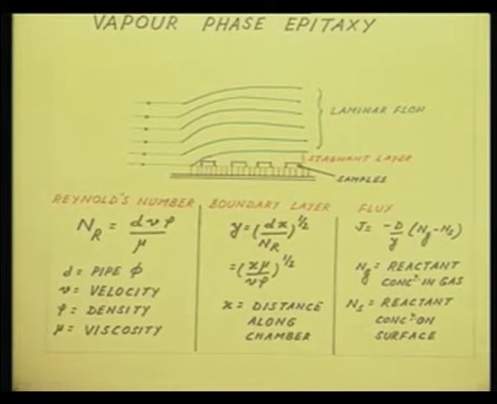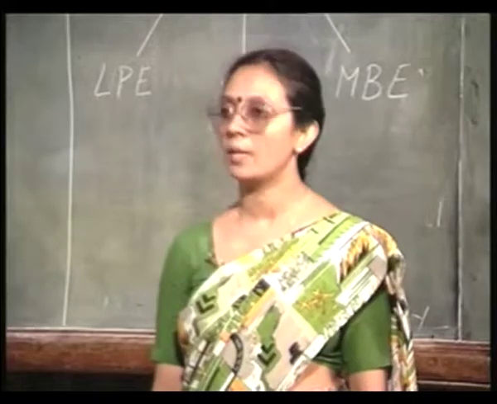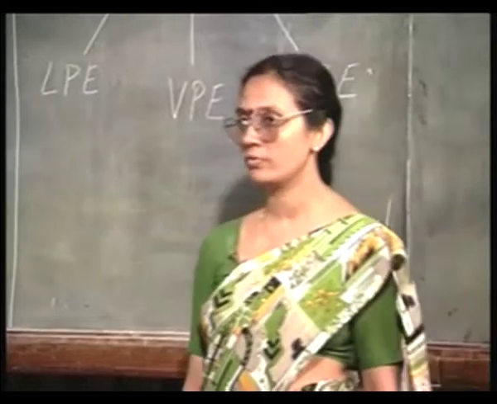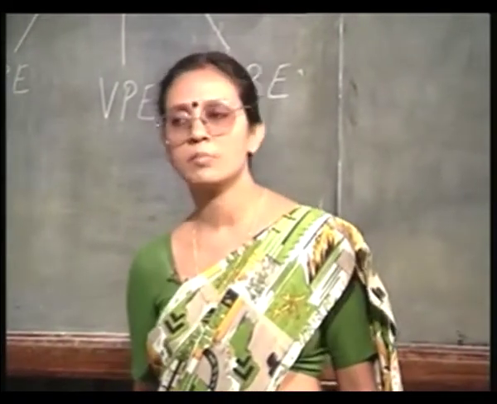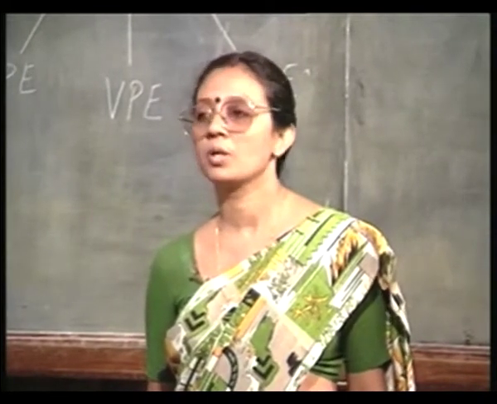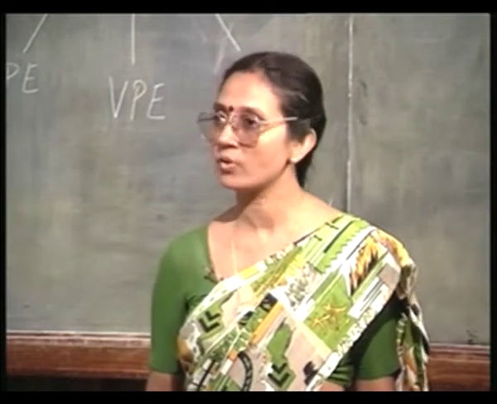This Reynolds number has to be within a certain limit. If it is less than 2000, we call the flow laminar, and if it is higher than that, we call it turbulent. In most practical VPE systems, the Reynolds number is much less than 2000, somewhere around 100 or 200, or a maximum of 500. So, we can consider this flow to be a laminar flow.